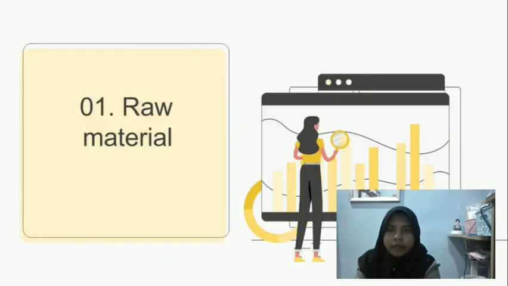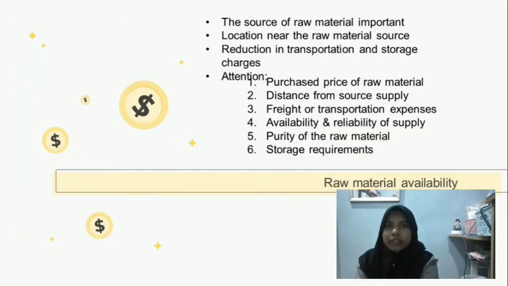First, raw material. In raw material, the important things are first the source of the raw material, second the location near the raw material source, third reduction in transportation and storage charge.